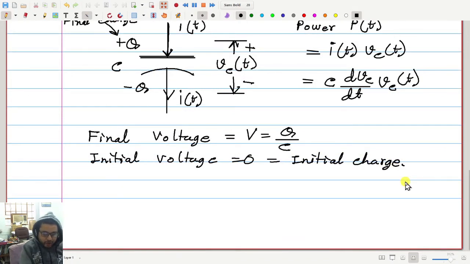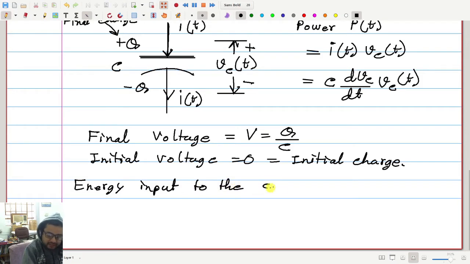Now how much is the total energy given in this process? The energy input to the capacitor will be the integration of power over time.